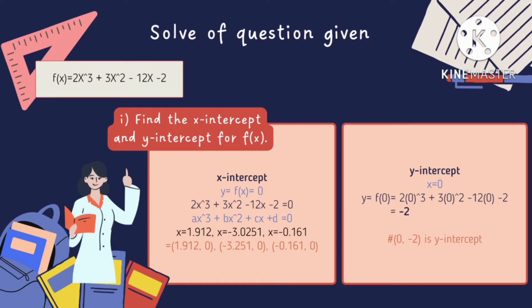And for the y-intercept, x equals 0, so we use the function given and just replace x with 0, so we will get the final answer negative 2. So the point for the y-intercept is (0, -2).